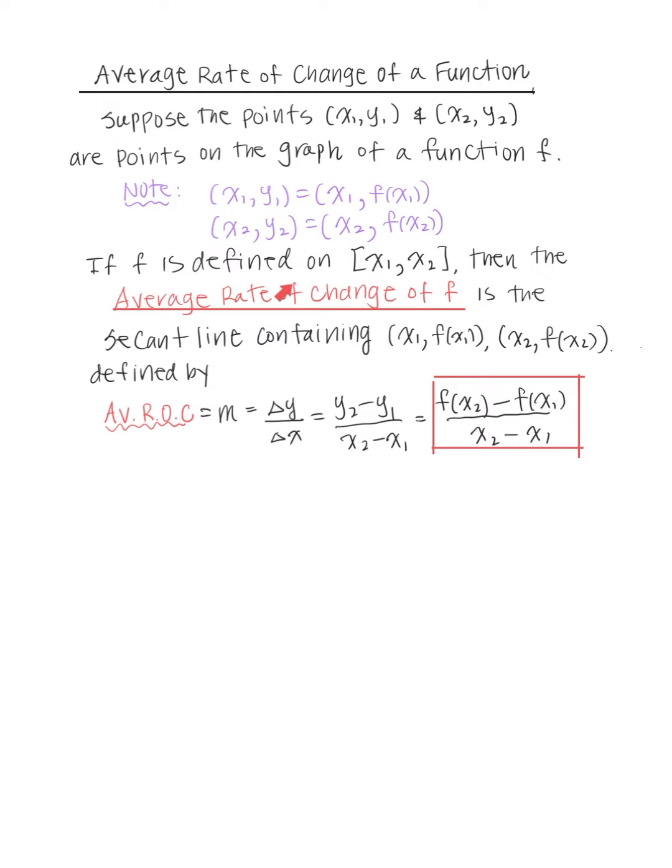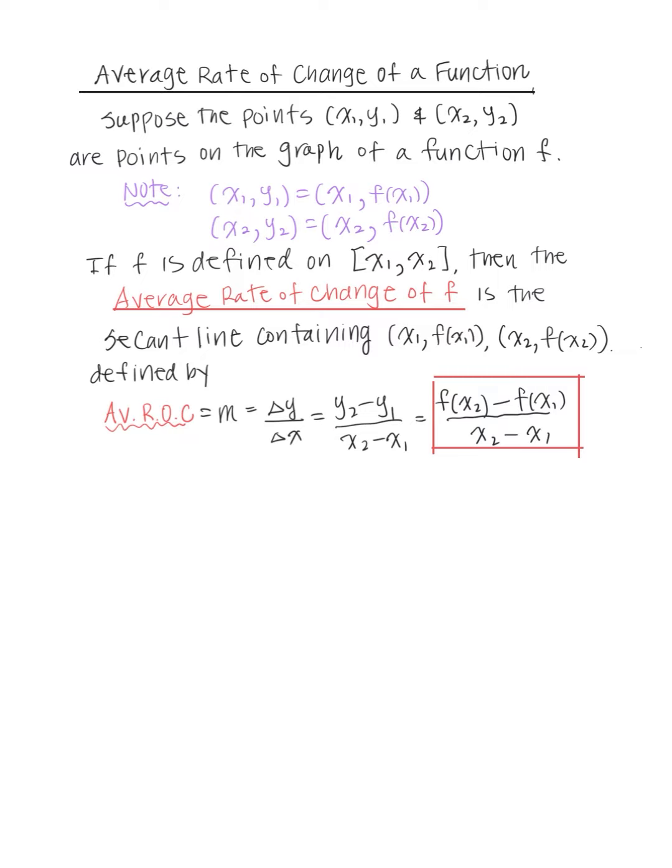And if f is defined on the closed interval, let's just say x1 comma x2, then the average rate of change of f is the slope of the secant line containing x sub 1 comma f of x sub 1 and x sub 2 comma f of x sub 2, defined by, so this is the little shorthand notation for average rate of change, is nothing but a slope, same thing as the slope formula, delta y over delta x, which is difference in y over difference in x.